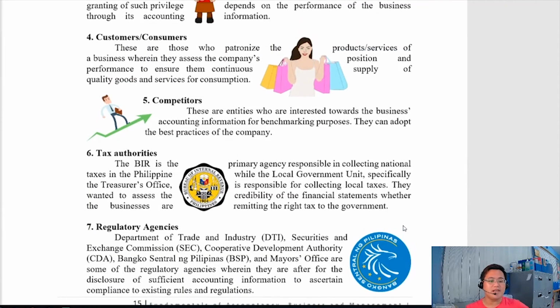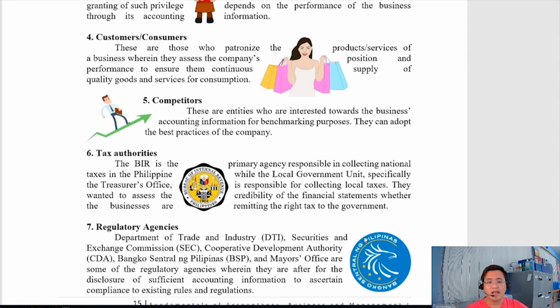Next, we have our customers and consumers. Our customers are those who patronize the products or services of a business wherein they assess the company's position and performance to ensure them continuous supply of quality goods and services for consumption. So say for instance, I usually use Master's moisturizer in my face and my neck. So of course, I have an indirect interest over Master's company, pharmaceutical or beauty products, I believe.